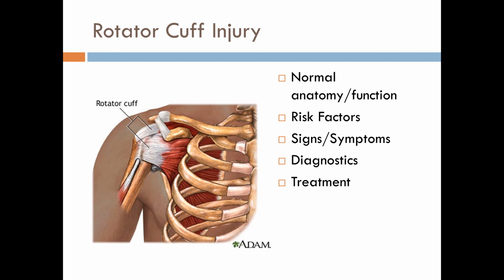Even when they are able to start moving, they can only do very, very limited shoulder movements, and this is usually what they call pendulum exercises, which is where they get their arm out of the sling and they slowly let their arm hang, and then they start kind of swinging it like a pendulum.